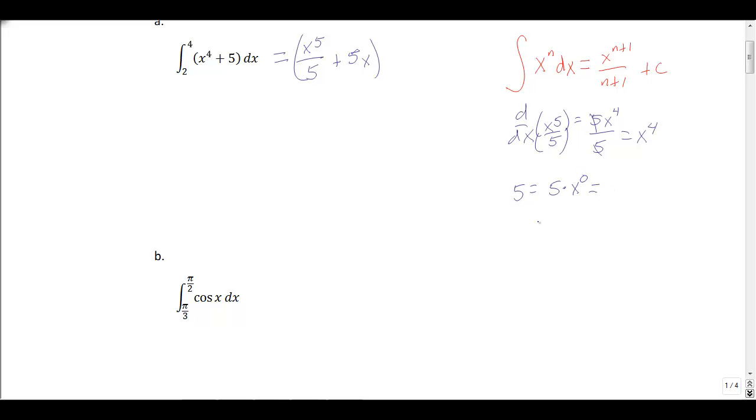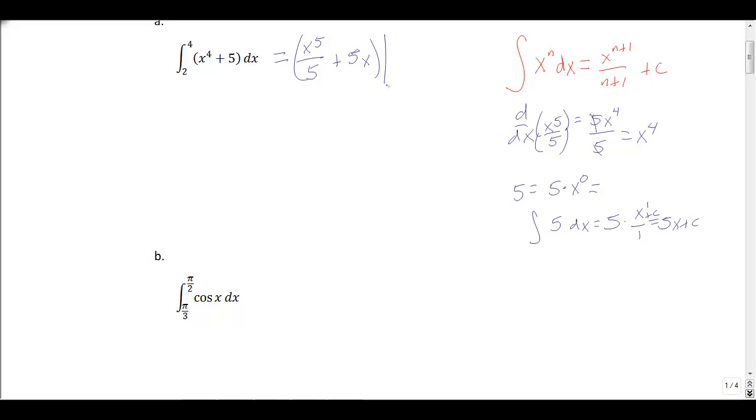So the antiderivative of 5 should be 5 times x to the 1 over 1. That is 5x. And I should have my plus c's here as well. So I find an antiderivative of x to the fourth plus 5. That's x to the fifth over 5 plus 5x.